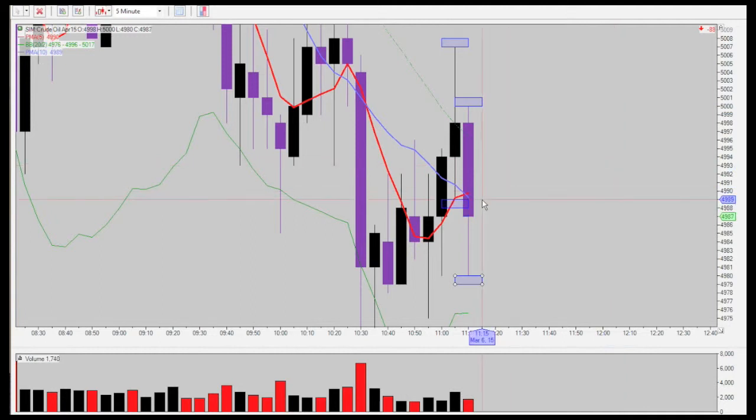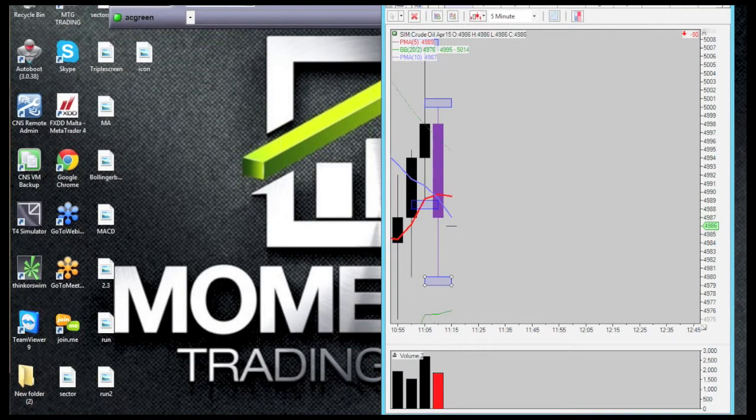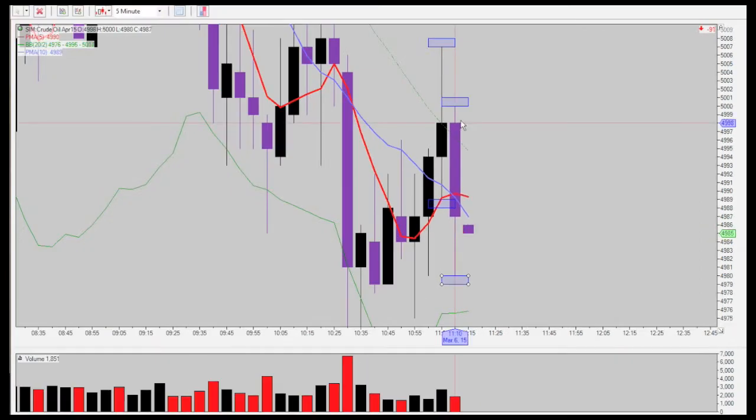Sorry, the whole range is 18, so the midpoint is 9 points higher. 4989 plus 9 is 4998. So right there is our midpoint. You can generally eyeball it and get a pretty good idea. That's the midpoint of that previous candle right there.